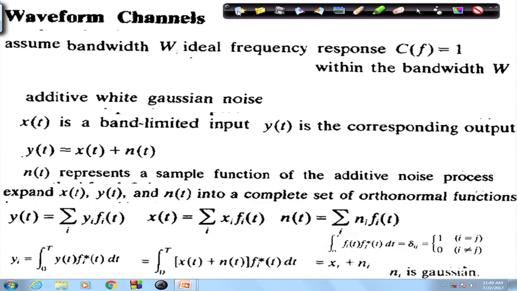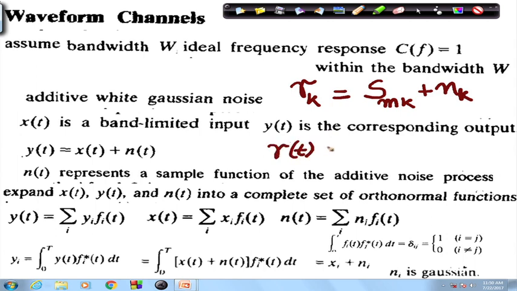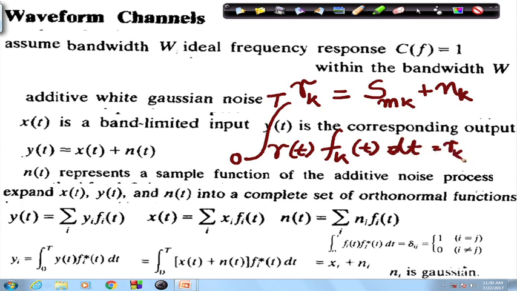So, finally, what we write is that y_k, or if we use our earlier notation, r_k, that is the kth component, is equal to s_mk, the kth component of s_m, plus the kth component of the noise. How do you get it? You simply get it by projecting r(t) on f_k(t), integrating from 0 to T, which is equal to r_k. That is how you get it.